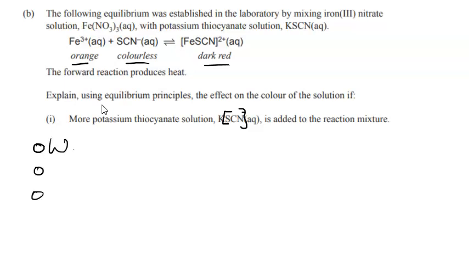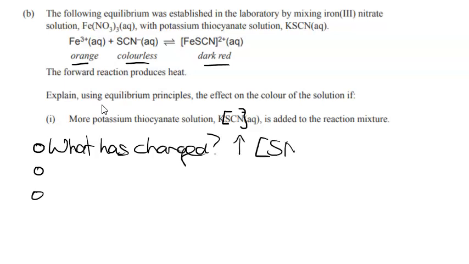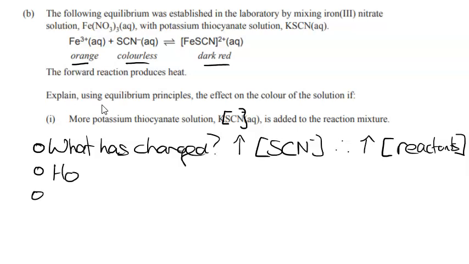So first of all, what has changed? In this case we have increased the concentration of SCN-, therefore we've increased the concentration of the reactants. So how will the system react or respond?